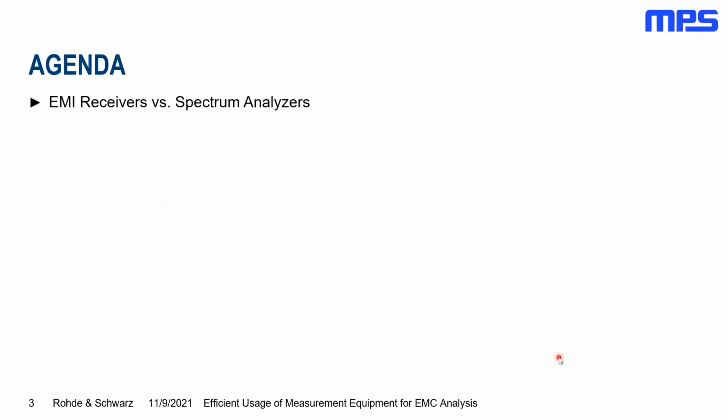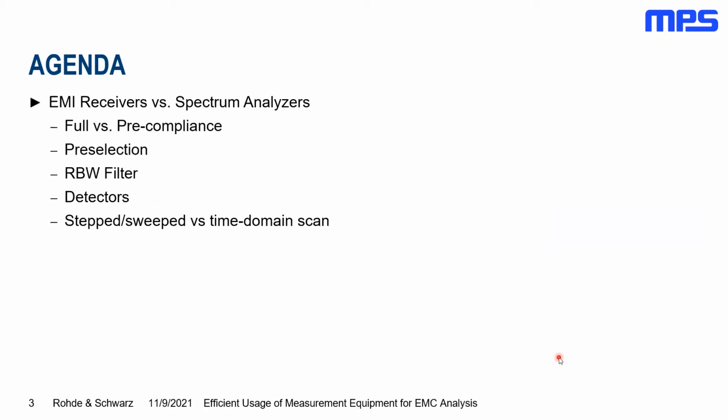First, I'd like to introduce how an EMI receiver or a spectrum analyzer is operating and what the basic block diagrams are. Then I'll give a difference between full versus pre-compliance, pre-selection, RBW filters, detectors, also with different sweep modes. And finally conclude with the oscilloscope, where the differences are and what can still be measured with an oscilloscope or which analysis could be done. And we've already seen some very nice examples today there.